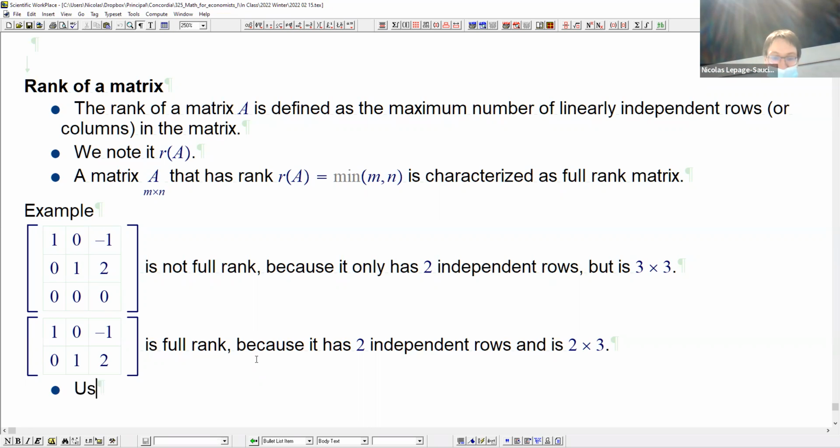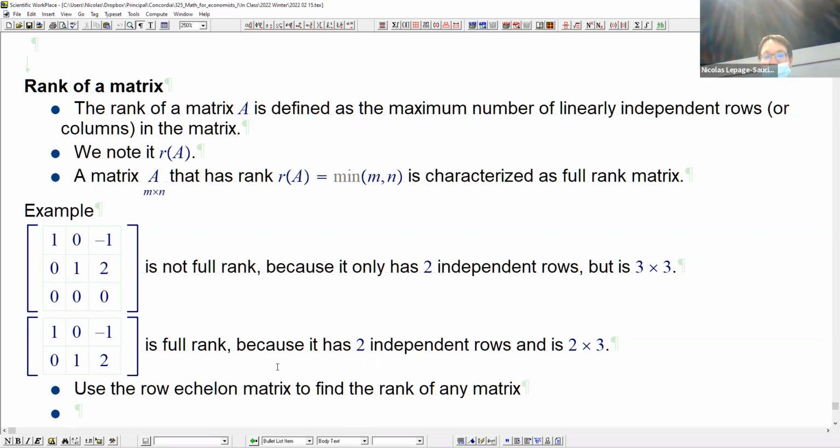You use row echelon form, Gaussian matrix, find the rank of any matrix. So the Gauss-Jordan elimination is a way to get rid of everything that's superfluous.